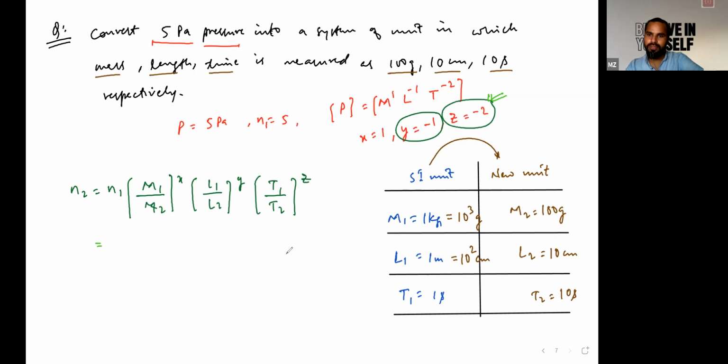Shakir, you are almost correct. But just tell me, why is it -5? From where did you get the negative sign? Sir, in length there is -1. On converting this unit from one to another, only the exponential will get changed. Okay, sorry, I remember. Just wait, I will finish it.